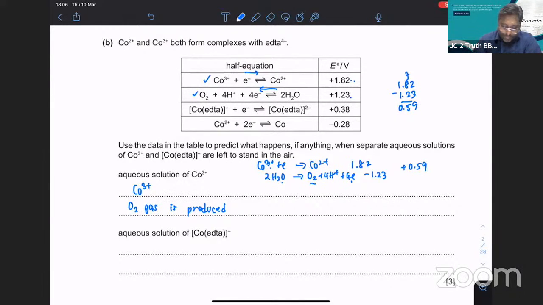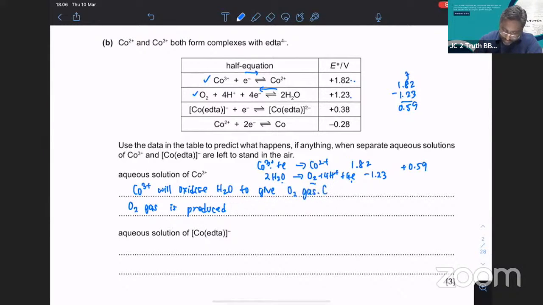So Co3+ will oxidize water to give oxygen gas.